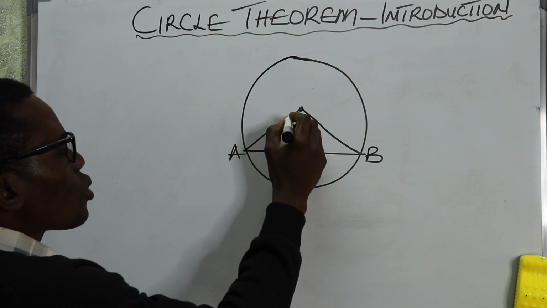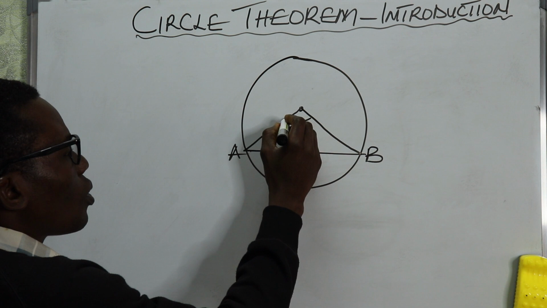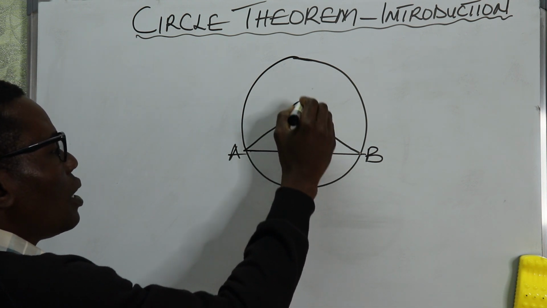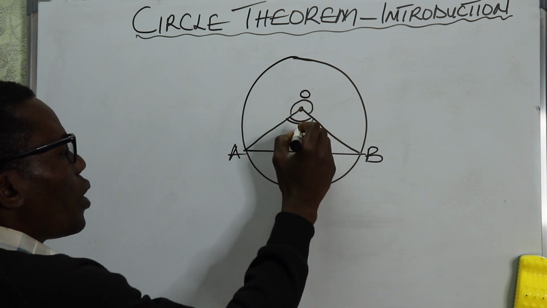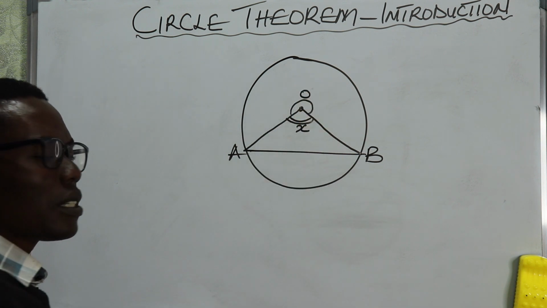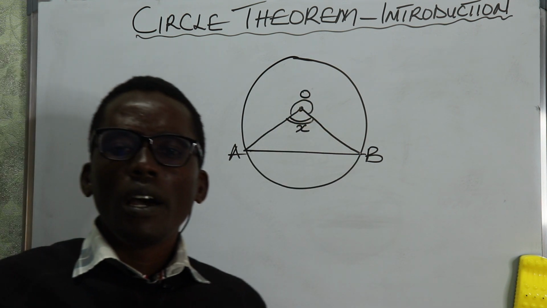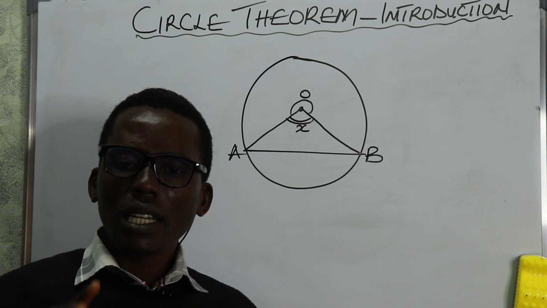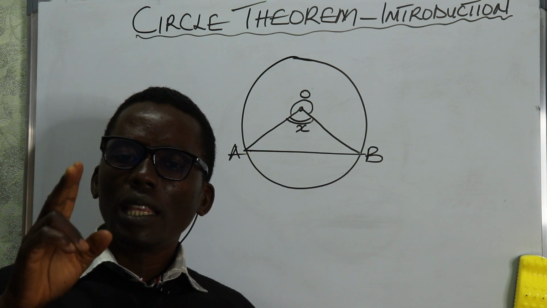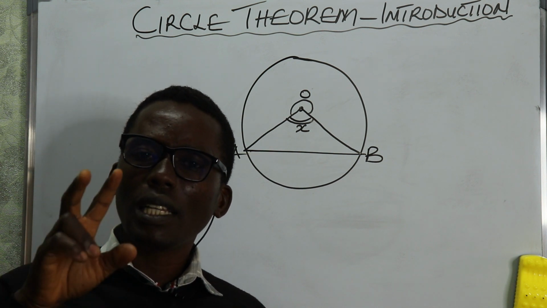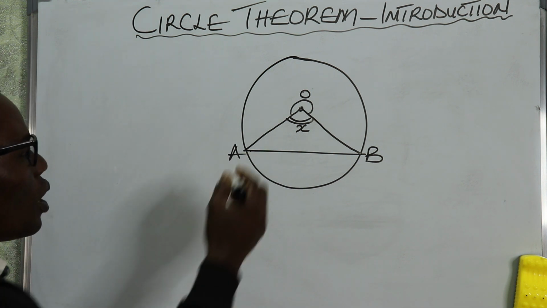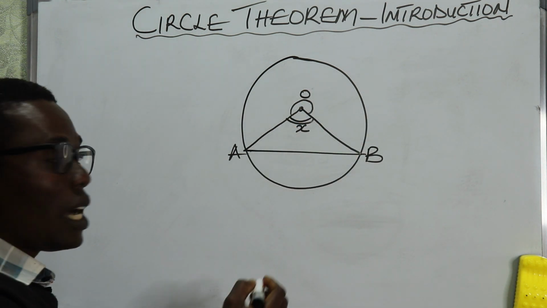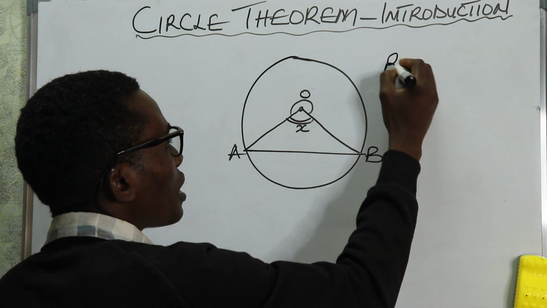Now it's going to sustain an angle at the center of the circle to form two angles, and the two angles can either be this angle O or this angle X. So the chord AB sustains angles at the center O, and the angles it sustains at the center will give us the reflex angle AOB or the angle X. Angle AOB is a reflex angle.